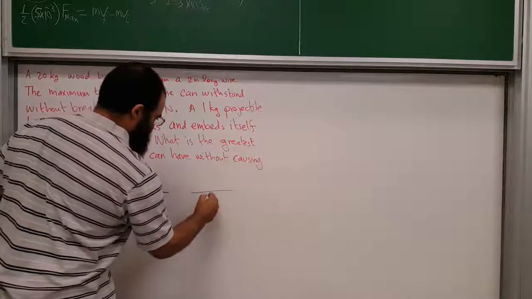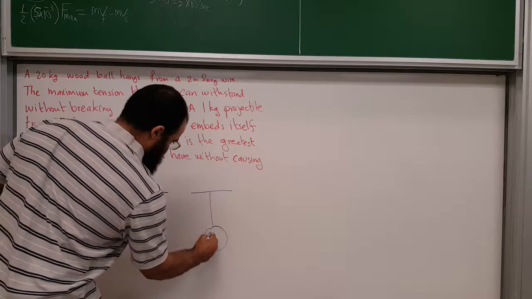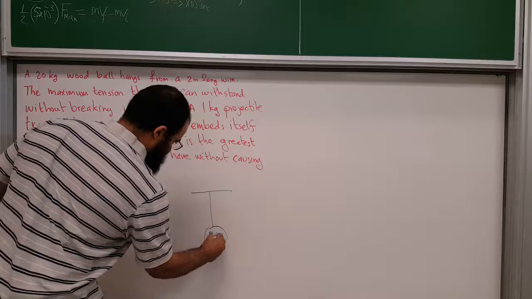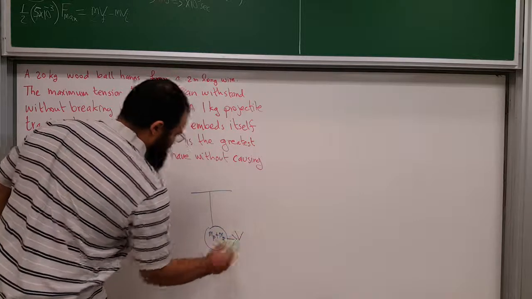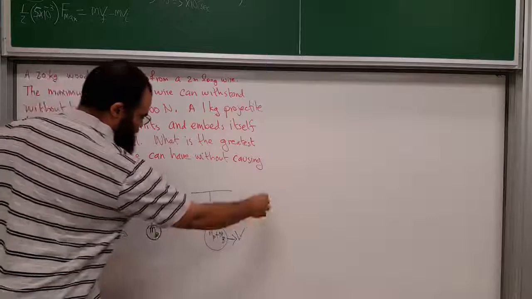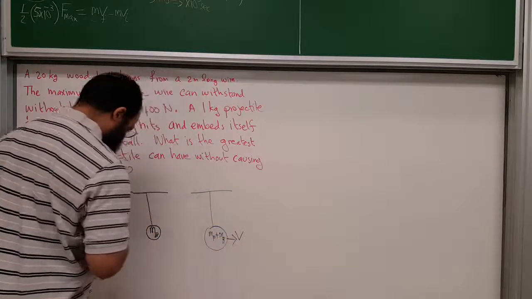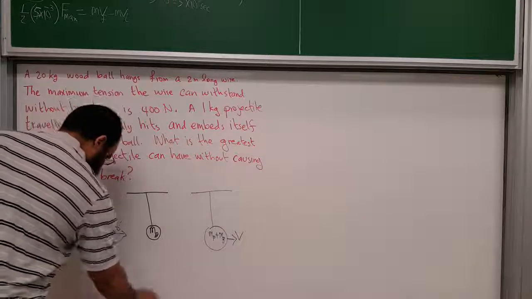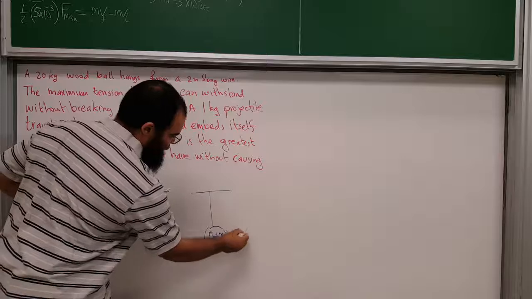What happens? They become one projectile plus the mass of the block. They become one big mass, and they will be moving at some speed this way. And as you can see, it will be circular motion because they will follow this arc.